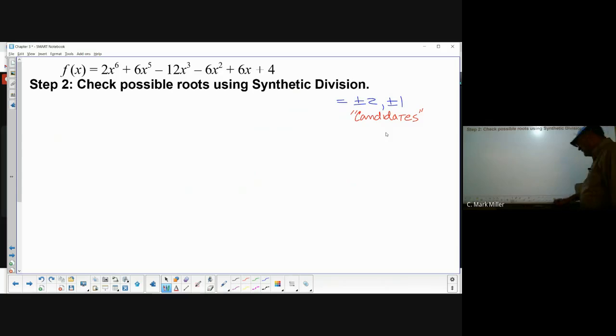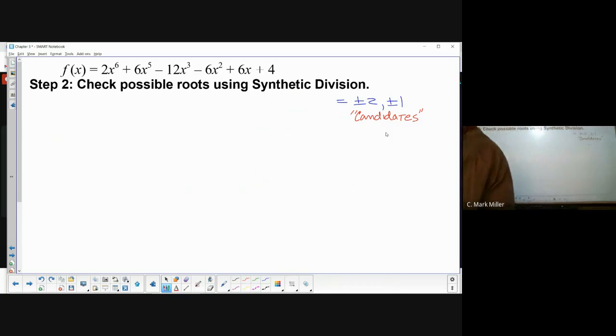We're going to start checking them using synthetic division. Synthetic division is something you should have had at some point in your life, but most people forget it. So we're going to learn by doing it. We're going to be doing it a bunch of times.